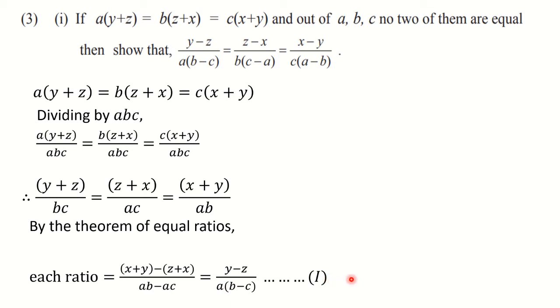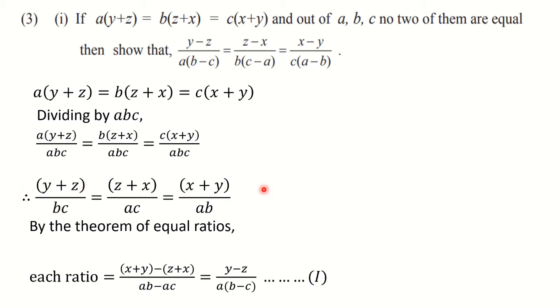Now again we are going to apply the theorem on equal ratios. But don't write down the statement again; you can write down the word 'and'. And again we are going to write down the second ratio. So see here, expand again: bc minus ab. Now we are going to consider the third one and the first one and subtract these two.